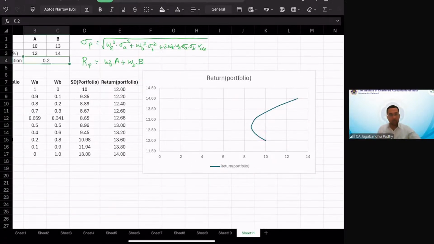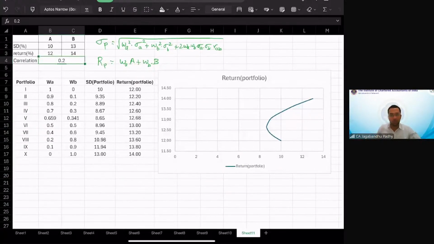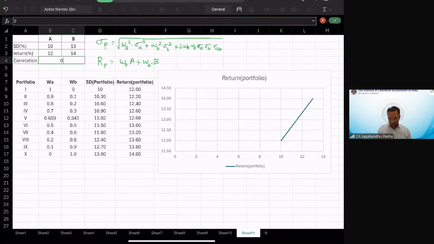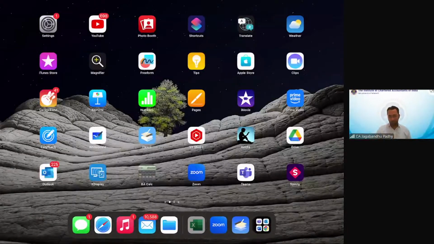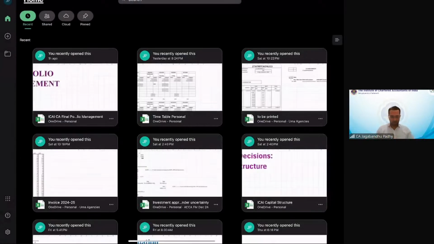And you know what? If I make this correlation value 1, this will become a straight line. If I make the correlation value 0, it will move even more to the other side. The lower the correlation, the graph will be tilting towards the y-axis.